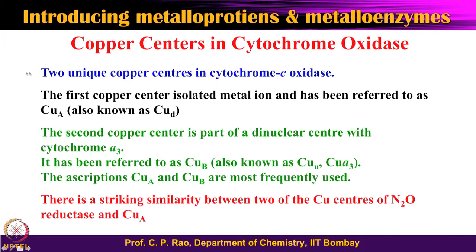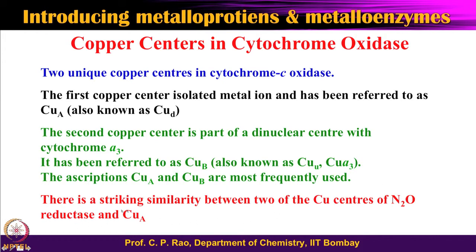These are referred to as copper A, where one of the coppers is an isolated metal ion, and in some places it will be written as copper small d, capital A. The second copper center is a part of the dinuclear center with cytochrome a3, and this is referred to as copper B, CuB. CuA and CuB are the most frequently used terminology.